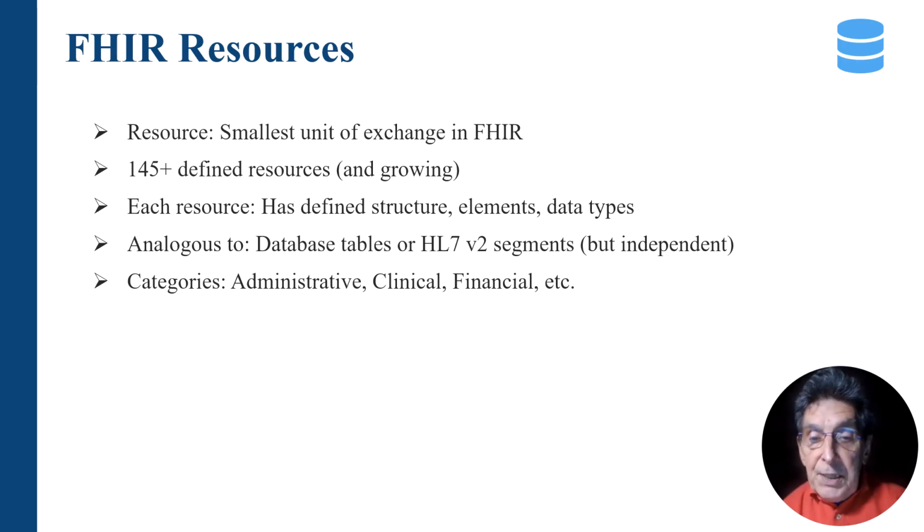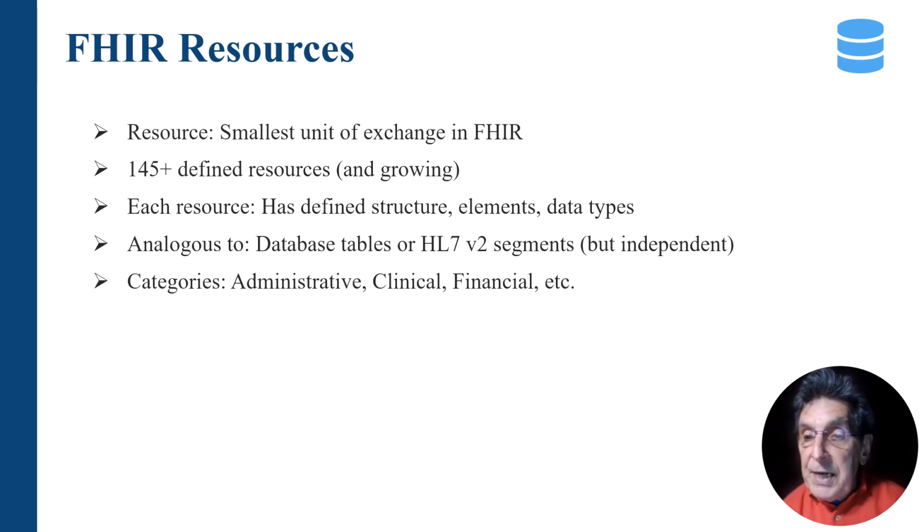Resources are organized into categories. Administrative resources include patient, practitioner, organization, location, the entities involved in healthcare. Clinical resources include condition, procedure, observation, diagnostic report, the clinical content of care.